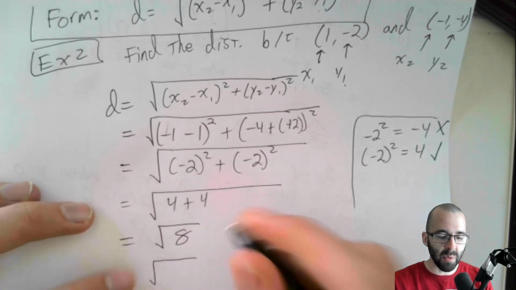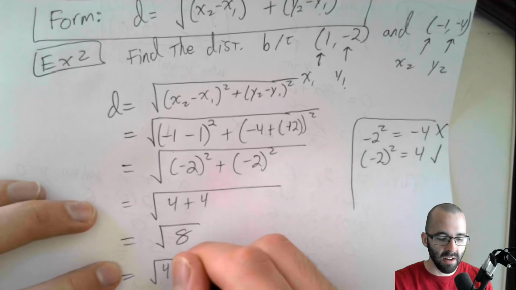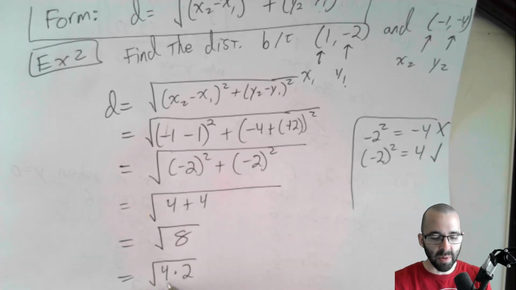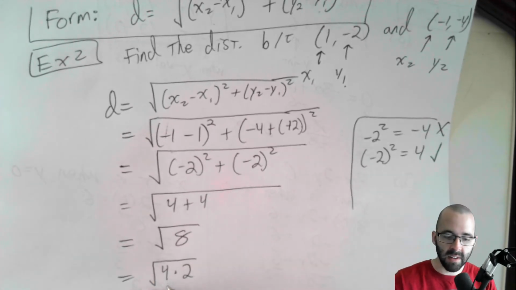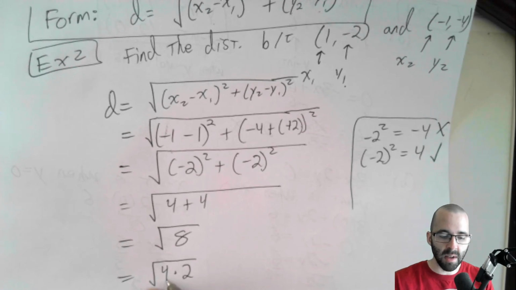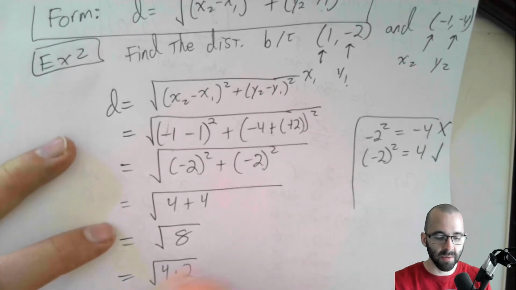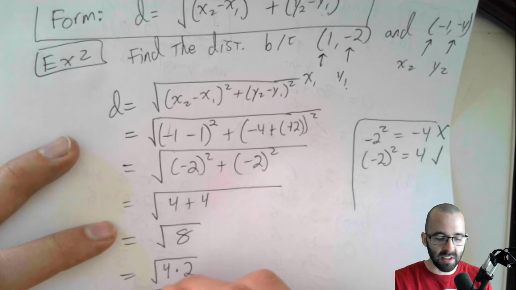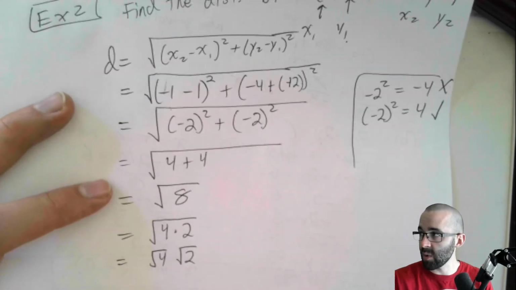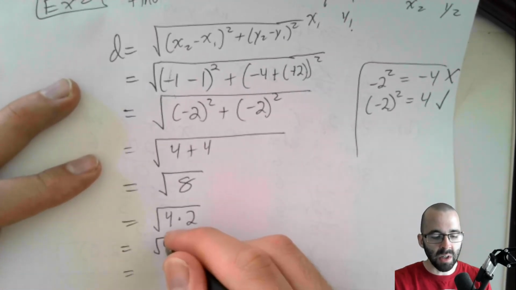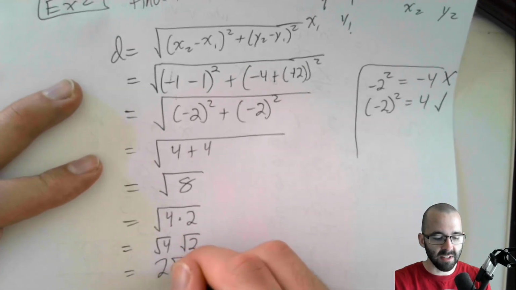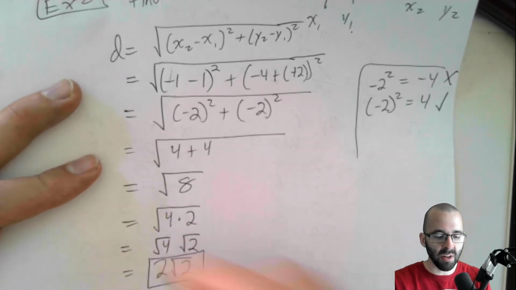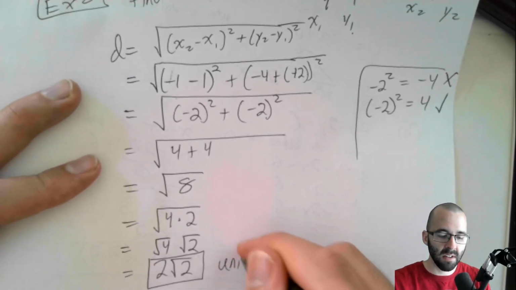The idea is that we want to find a perfect square and split things up. So because 4 is a perfect square, it's 2 squared, we can split this up into factors of 4 and 2. And now that we can separate it, the square root of 4 times the square root of 2, which is nice because we know that the square root of 4 simplifies to 2. So this is how the square root of 8 simplifies.